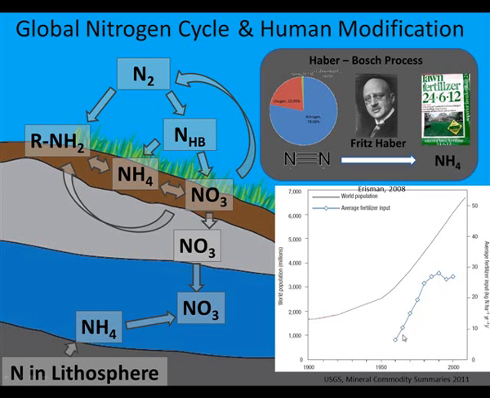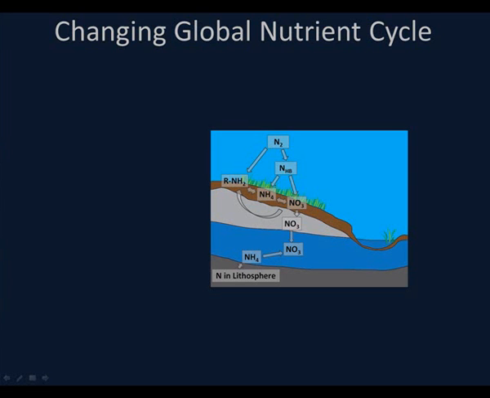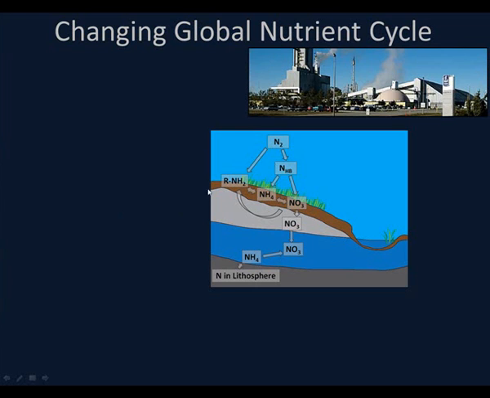There's a strong correlation after World War II, when Haber-Bosch nitrogen went up and the world population shot up. They estimated in that paper that 48% of the world's population are fed by food grown on Haber-Bosch nitrogen today, or in 2008 rather.